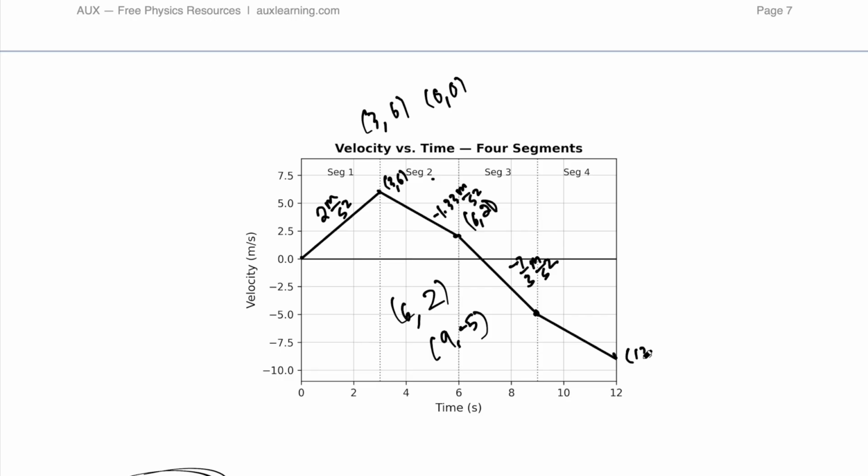So 12 comma negative 8.5. Then negative 8.5 minus negative 5 should give us negative 2.5. Oh, sorry, negative 3.5 over 3, because 12 minus 9 is 3. And that's just about negative 1.167 meters per second squared.